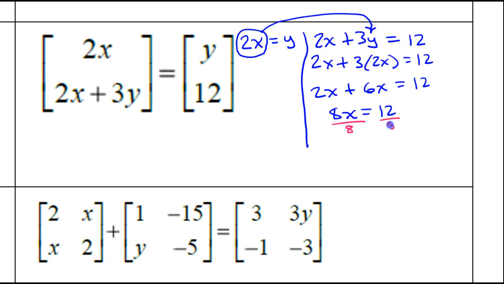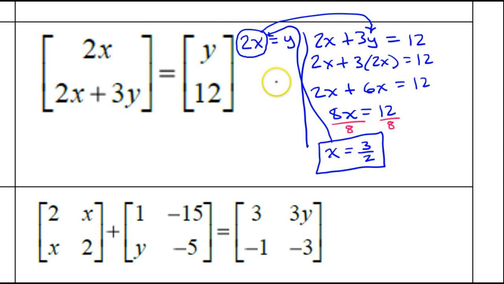Dividing both sides by 8, I get x is equal to, both of these are divisible by 4, so that's going to give me 3 halves. So x is equal to 3 halves. Okay, now I can substitute that back in for x.